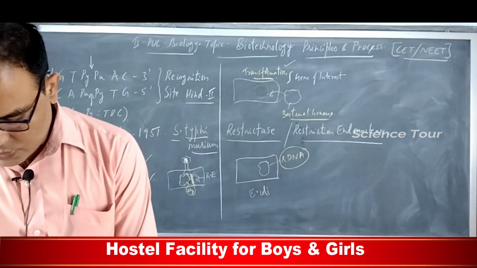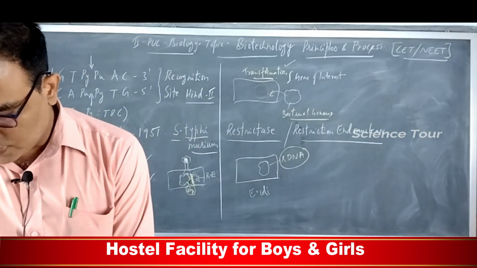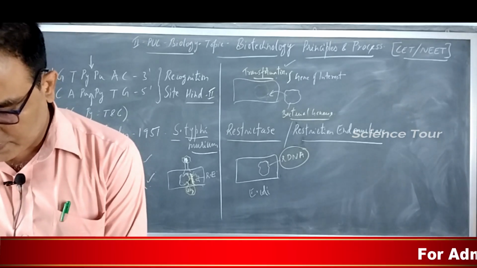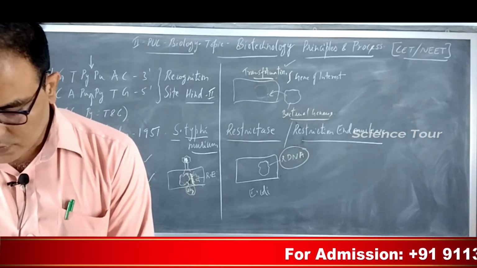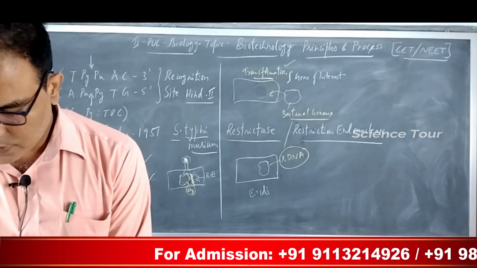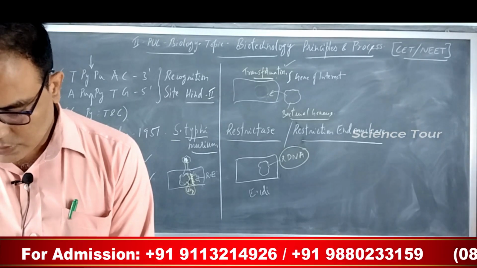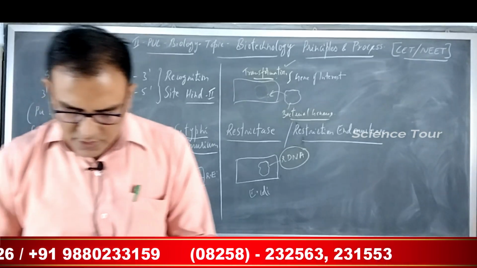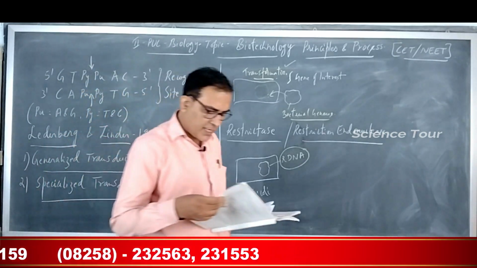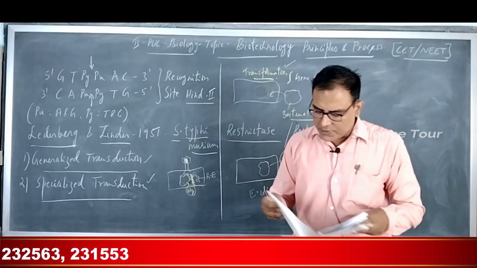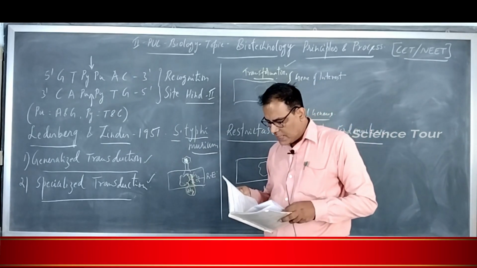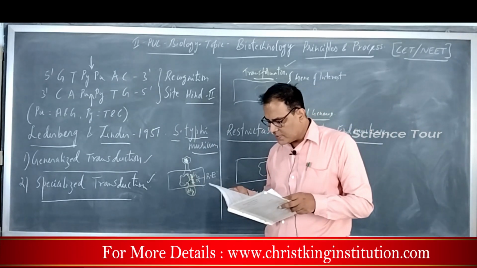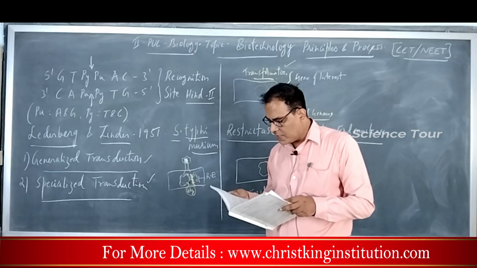Okay. So let's move to the next question. Question number 7. In agarose gel electrophoresis, DNA molecules are separated on the basis of A. Charge only, B. Size only, C. Charge to size ratio, or D. All of this.